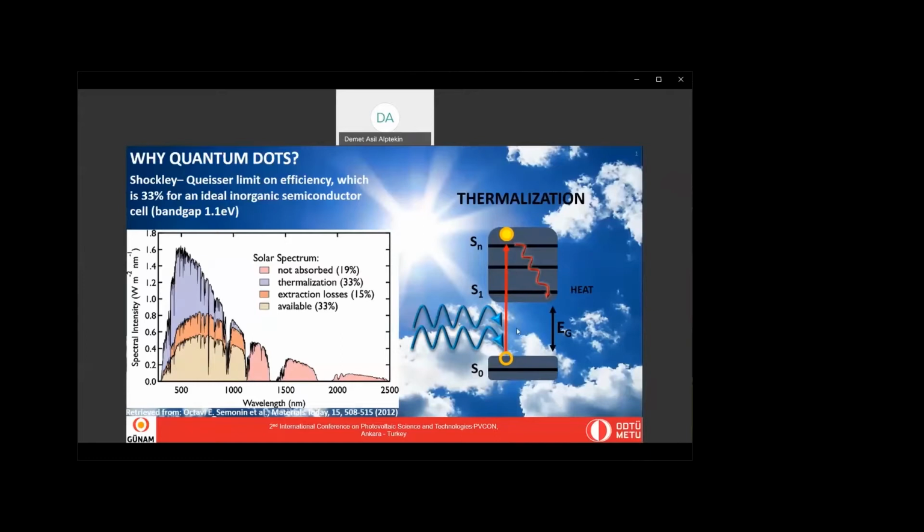So this is a very significant loss mechanism, which corresponds to 33%. Another loss mechanism is the extraction losses. We know that not all the excitons generated can be collected by the respective electrodes, and this leads to 15% loss in the solar cell technology.